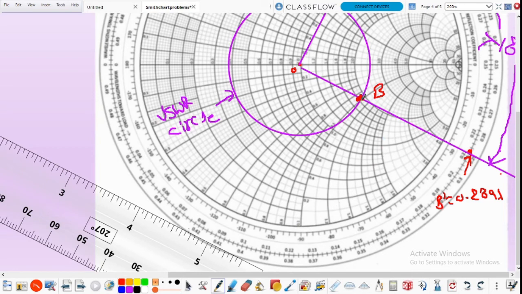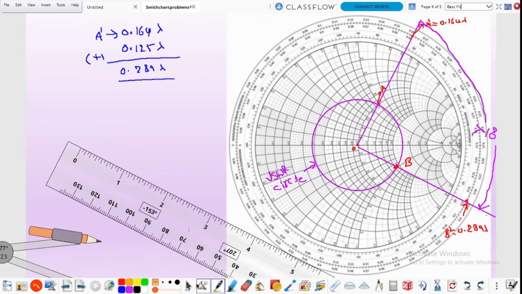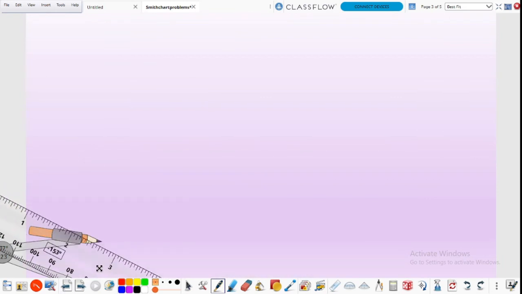Therefore, from this figure, this point is the normalized impedance z_r equal to 2 minus j1. So from the figure at point B, the normalized impedance z_r is equal to 2 minus j1.